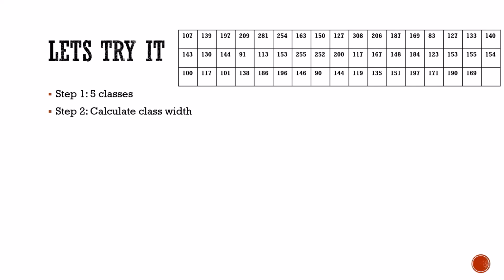So to do the width, the formula we want to use is max minus min divided by number of classes. Right, that tells how far these classes need to reach.